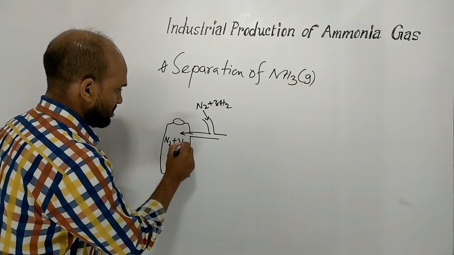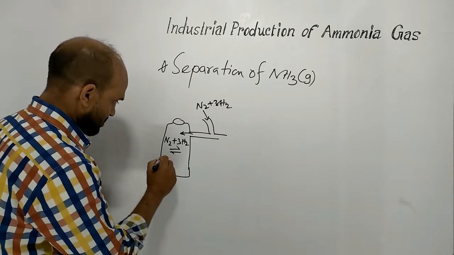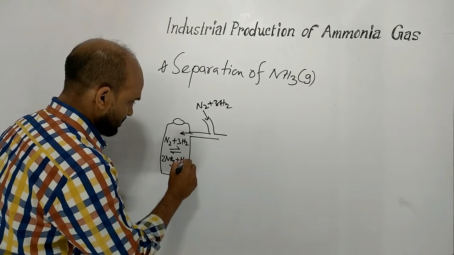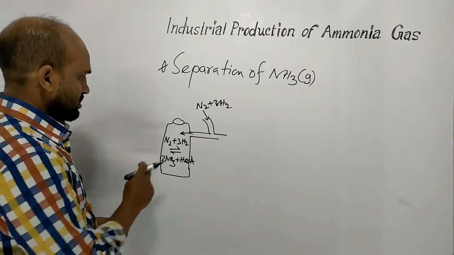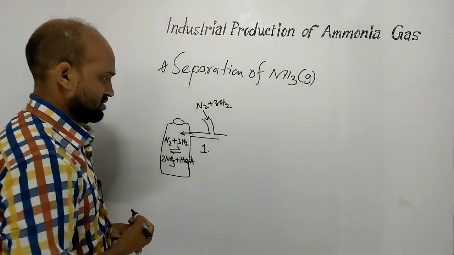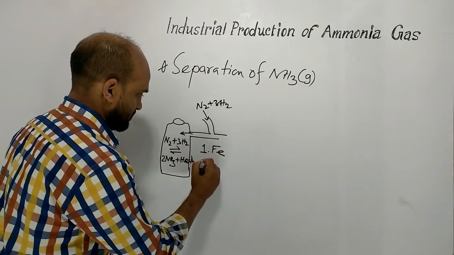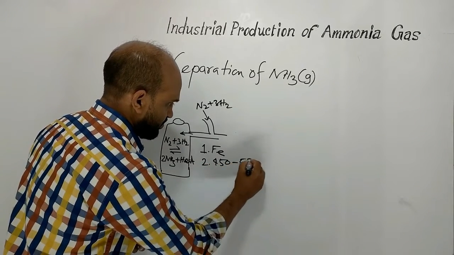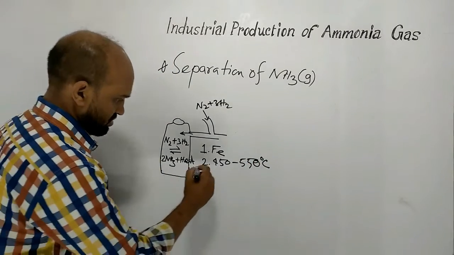Nitrogen plus hydrogen, it's a reversible reaction. 2 moles of ammonia gas and heat are produced. This reaction is conducted at these conditions. Iron is used as catalyst. 450 to 550 degrees Celsius temperature is maintained.